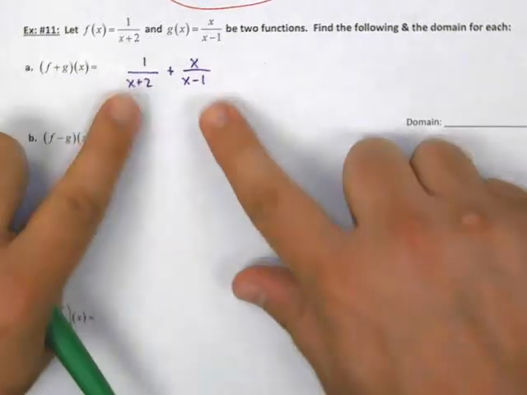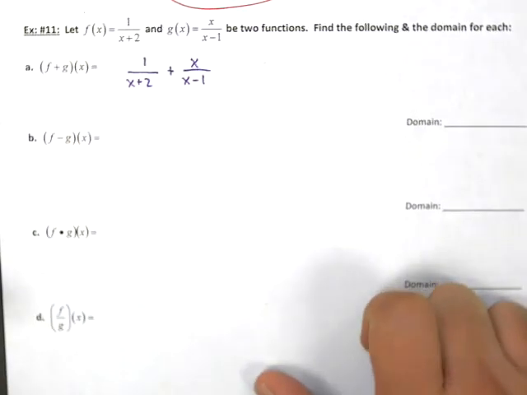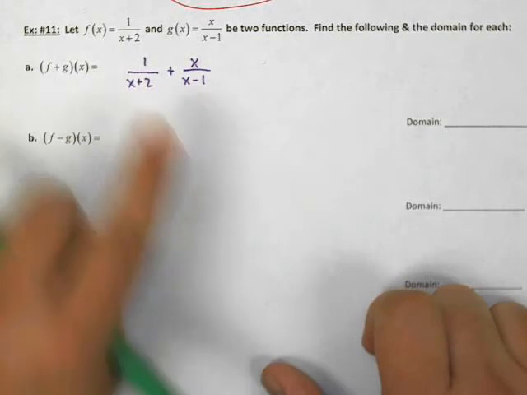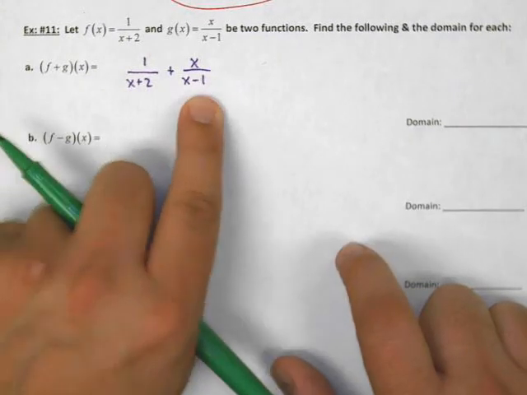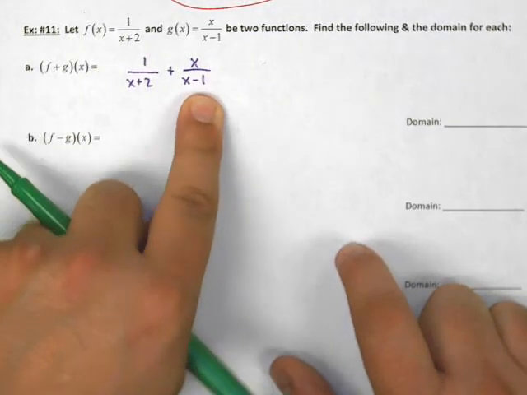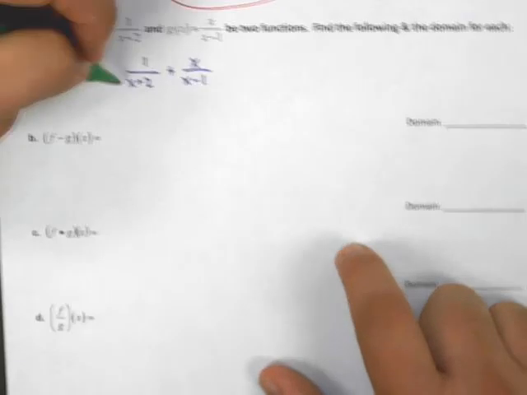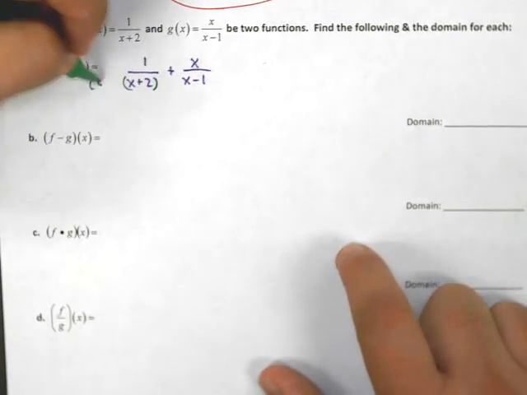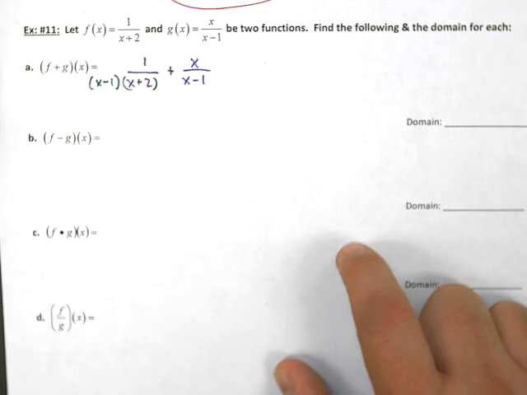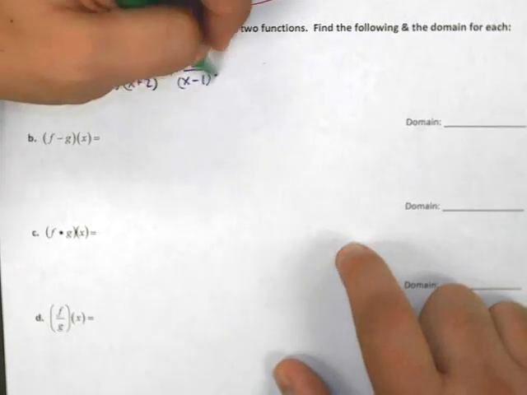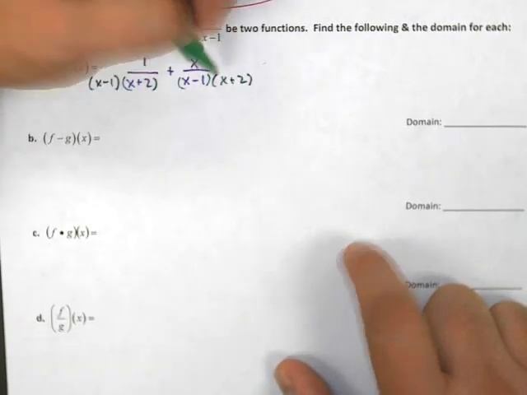We need to make sure we get these to have a common denominator. Easiest way to do that, if this one has an x plus 2, this one only has an x minus 1, well, we want to multiply by an x minus 1 on the left side and an x plus 2 on the right side.